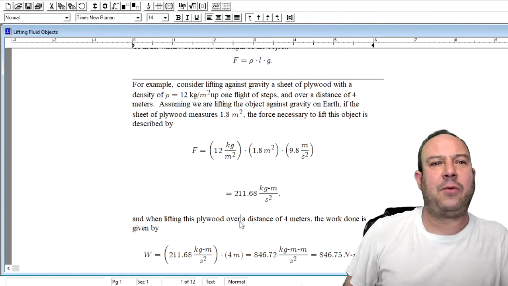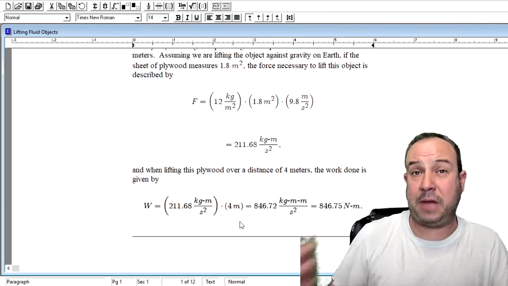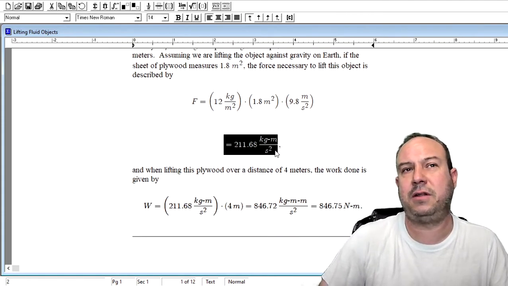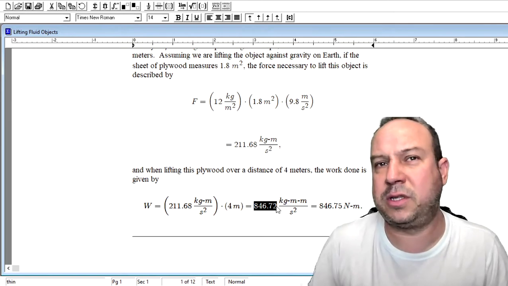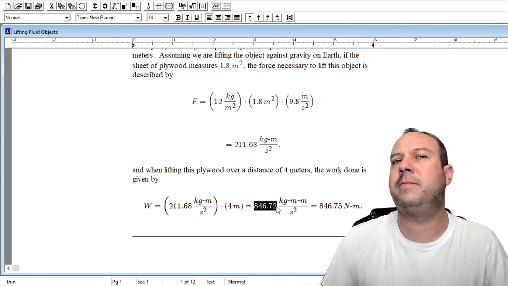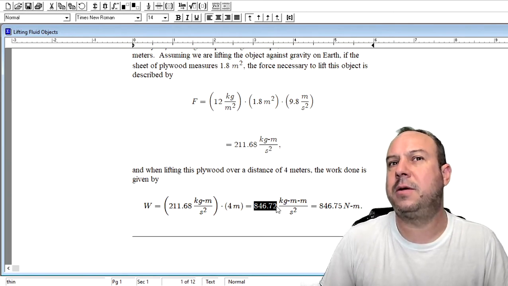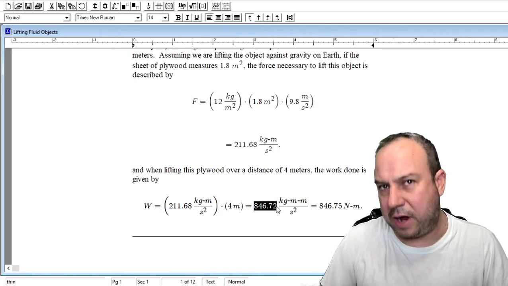And when lifting this plywood over a distance of 4 meters, it's just this result times that distance of 4, which gives us 846.72 kilogram meters squared per second squared.